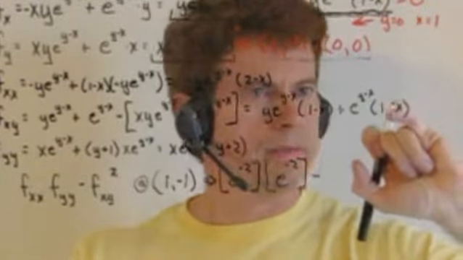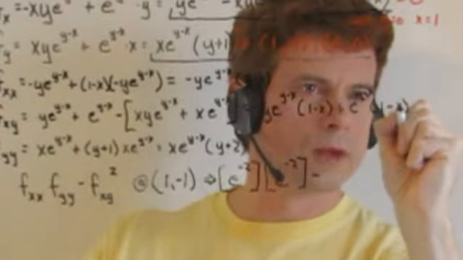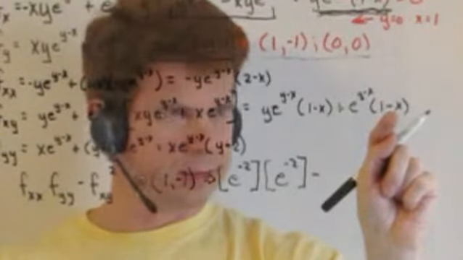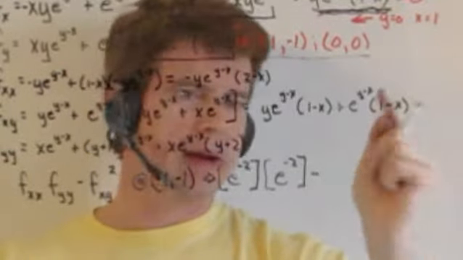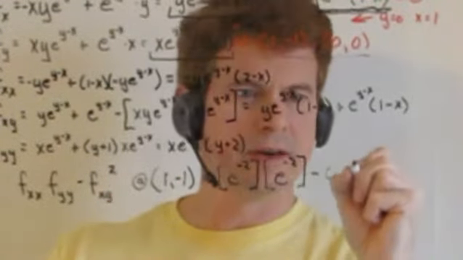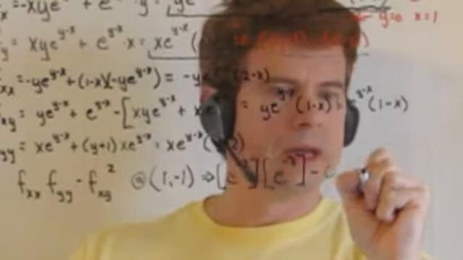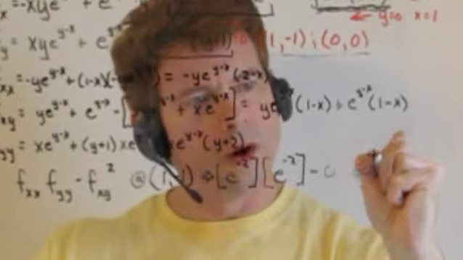This is supposed to be minus because that was the minus sign. Okay, that makes a little better sense because now that is also at x equals 1, that becomes 0, so this is going to be minus 0. So at this point, it evaluates to e to the negative 4.